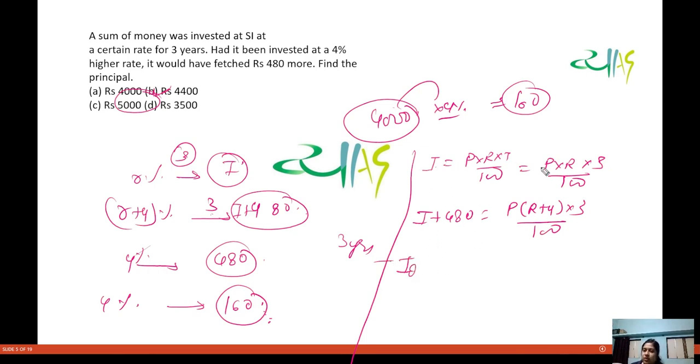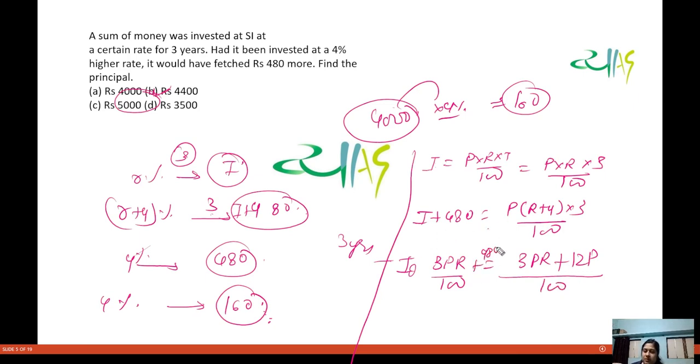So I am just substituting I is equal to 3PR divided by 100, and this is 3PR plus 12P. Sorry, I think I was running too fast for the computer. So 3PR plus 12P divided by 100 is equal to how much?